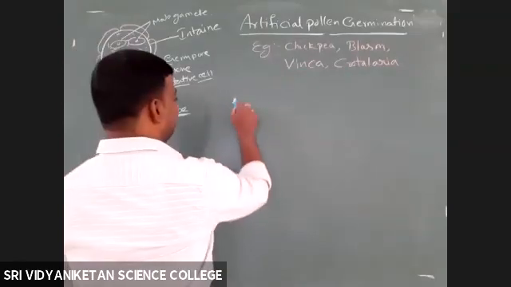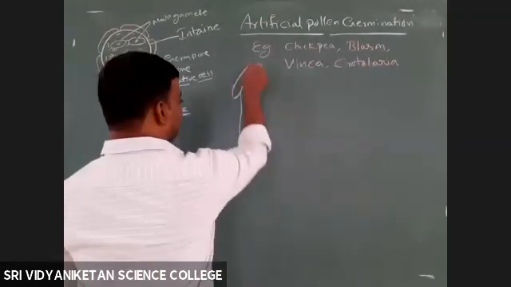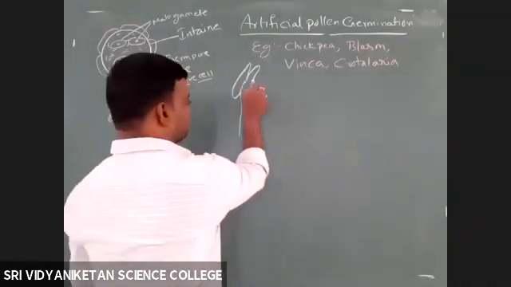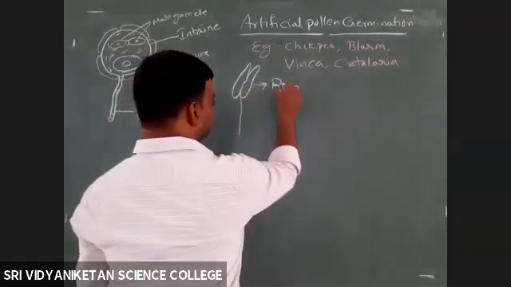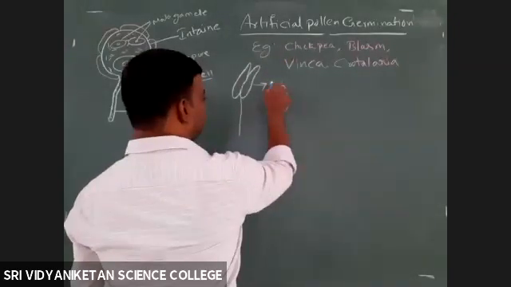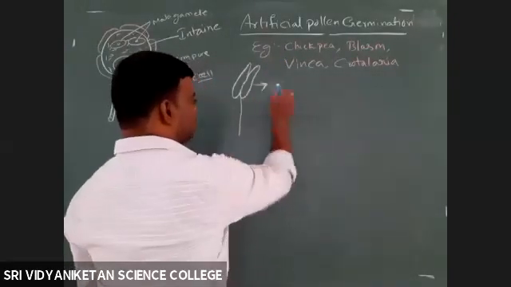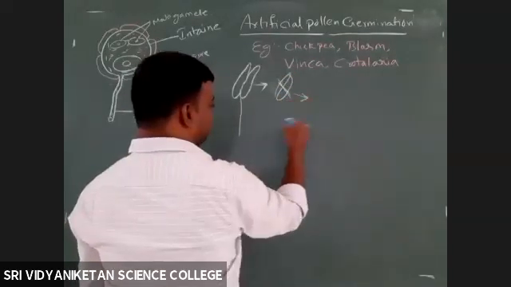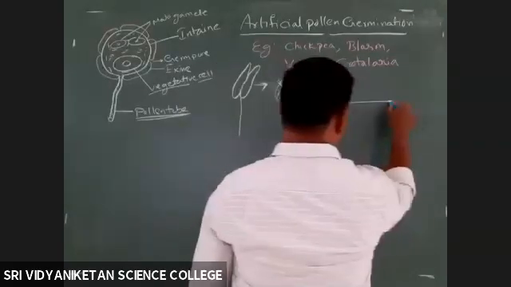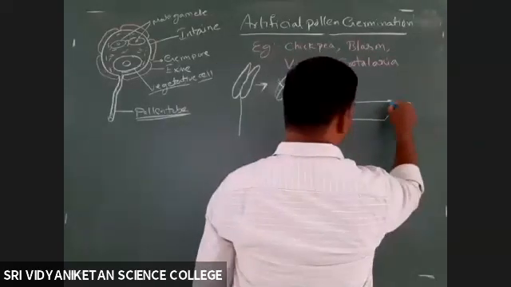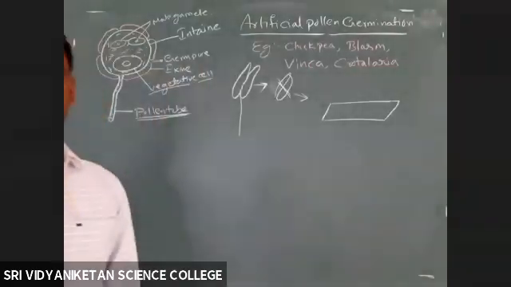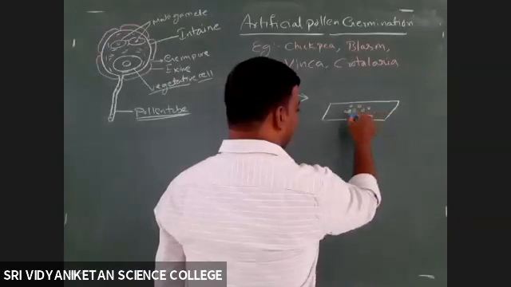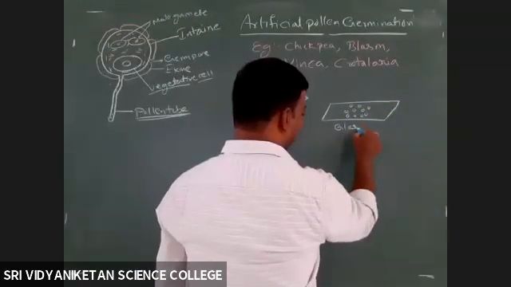The flower of these plants has stamens like this. By rupturing the anther, the pollen grains are removed to the outside, and these pollen grains are taken on a glass slide.